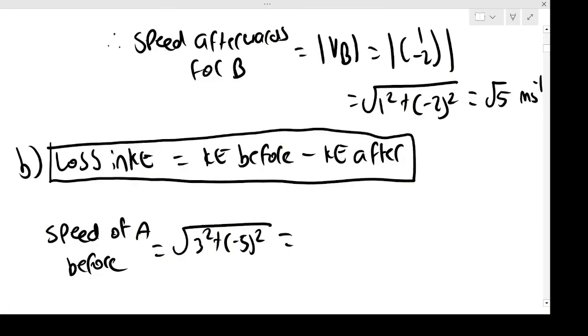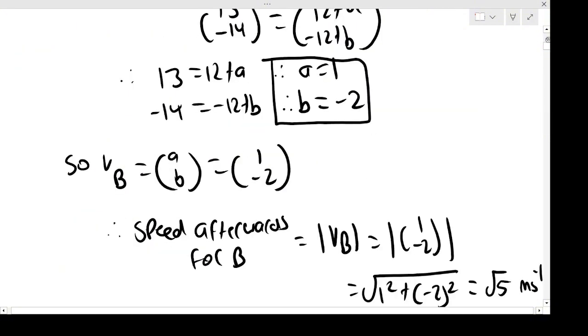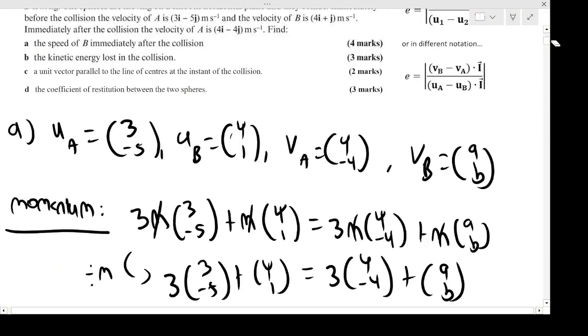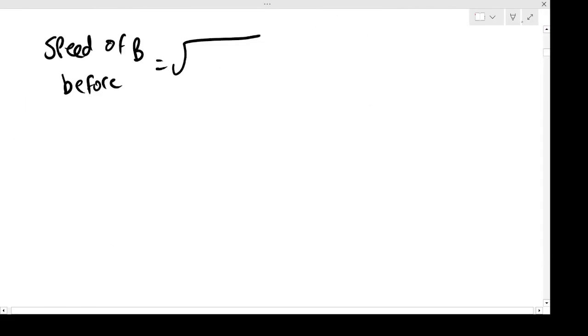So that's going to be root 34. And so then the speed of B before, well, again, that's going to be the magnitude of the initial vector for B here. So it's going to be the root of 4 squared, 1 squared. So that's going to be root 17.